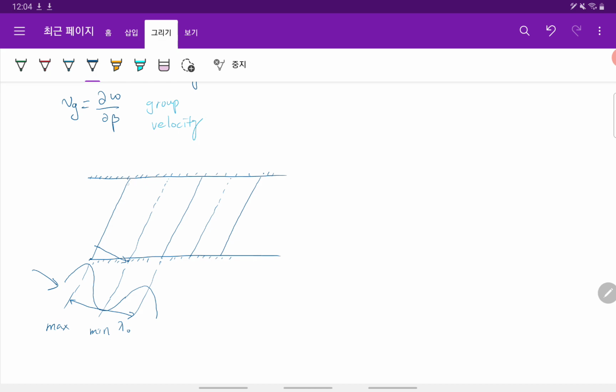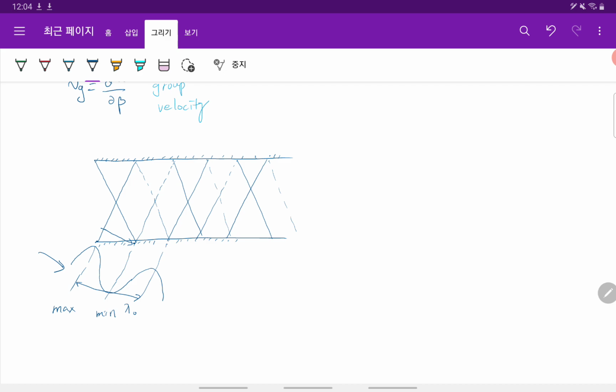So some maxima and minima are happening like this. And if I draw another one, this is max, min, max, min, max, min.